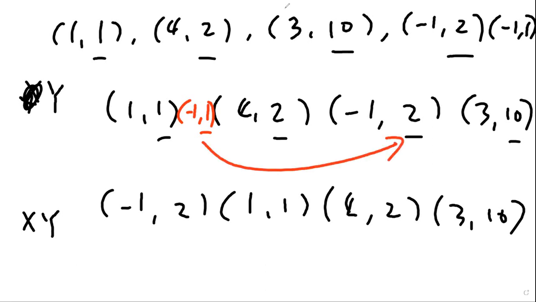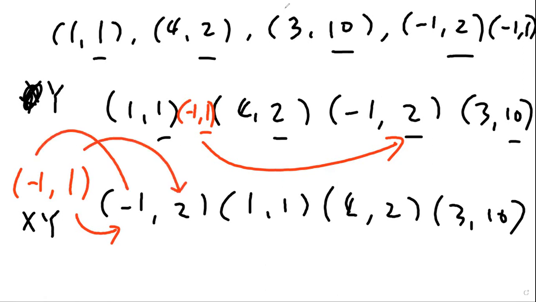So when we sort by X, -1 is there, but 1 actually will be before this. So we will have X as major, Y as secondary. Is that okay? Yes. So why do we have to sort backwards then?